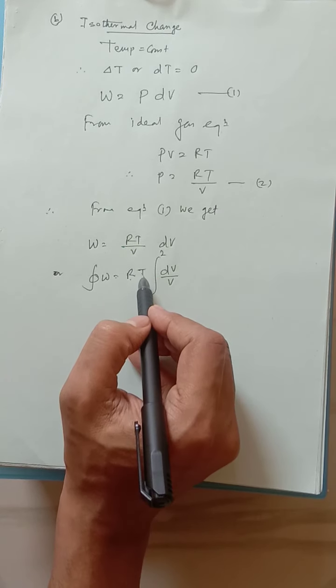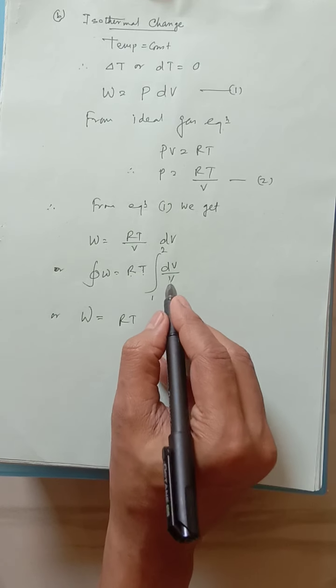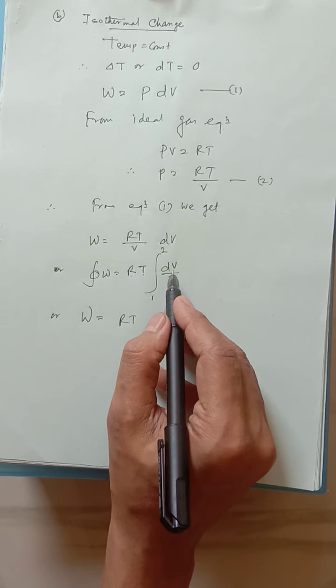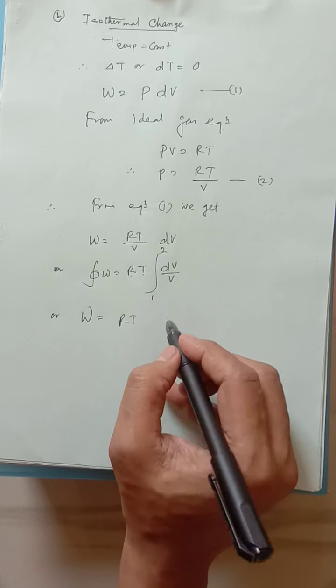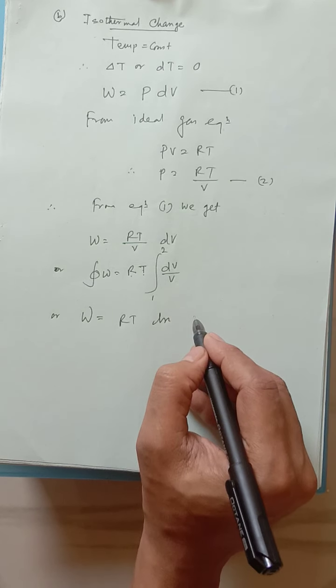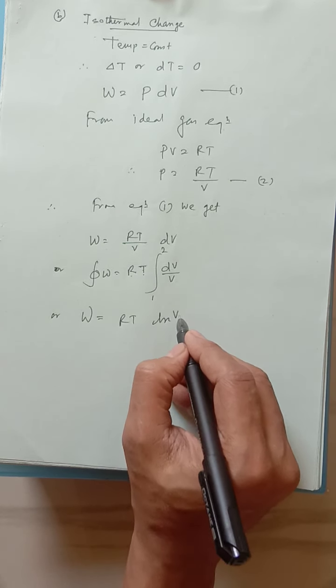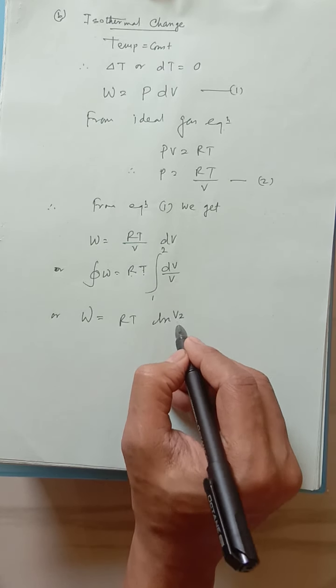Now what will be the result over here? So W will be RT, and for the integration part, we have already discussed, the integral of dx by x equal to ln x2 by x1. So here it will be V2 by V1. So this is the calculation of W here.